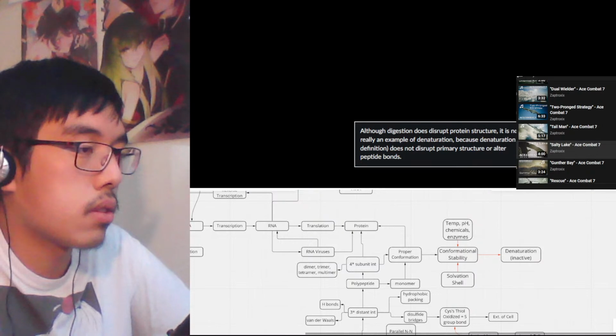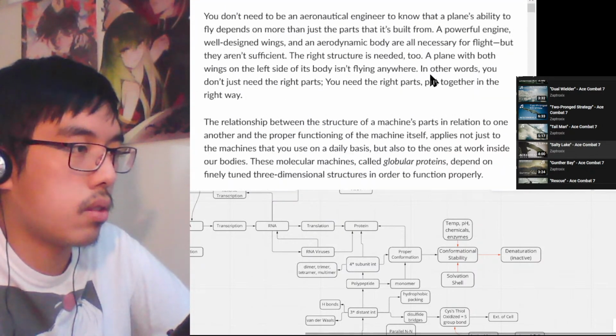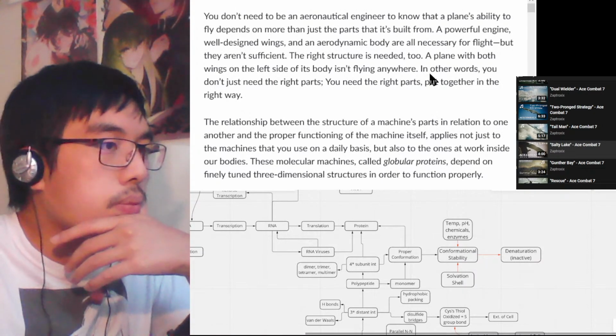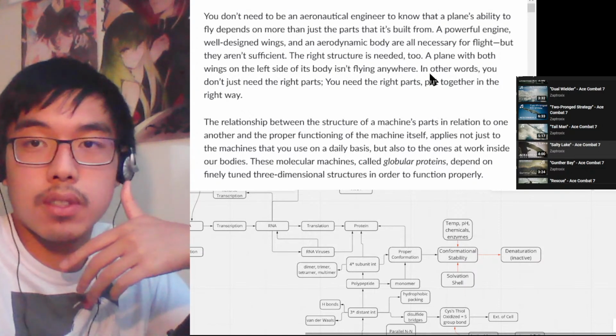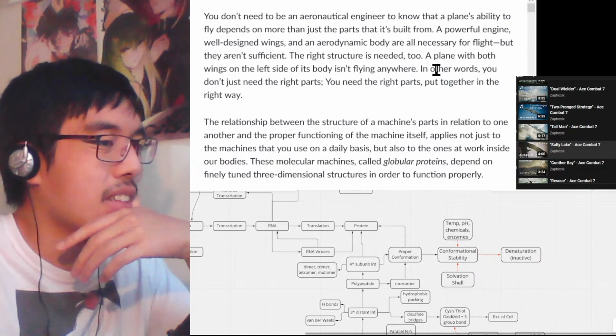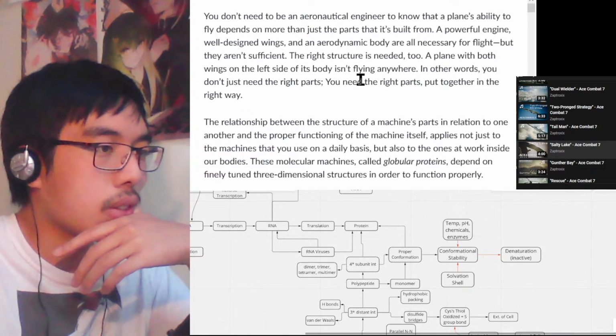Alright. Okay, we actually have a little reading thing here. Wow. It just happens to be talking about planes. Huh. Go figure. Alright. The right structure is needed.